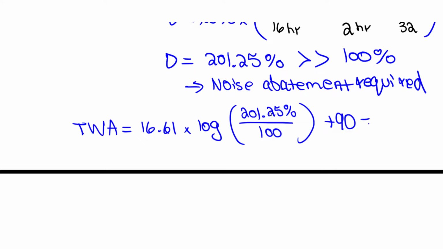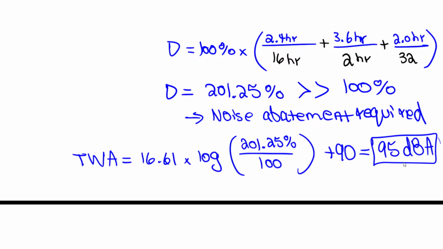Then when you solve for that, you get the time weighted average to be 95 dBA, the A for adjusted in terms of human hearing, right? For humans. So that can be 95, and that makes sense. It should be above 90 because we got this dose to be above 100. And remember, when we have 100, that corresponds to 90 dBA.